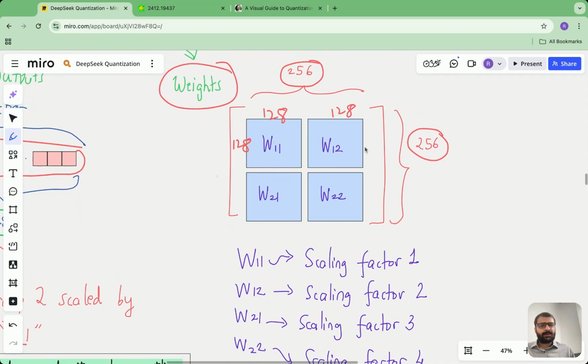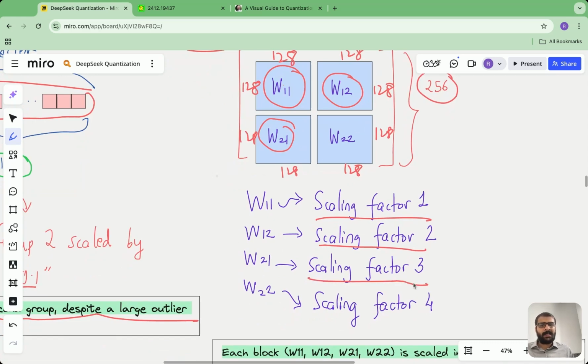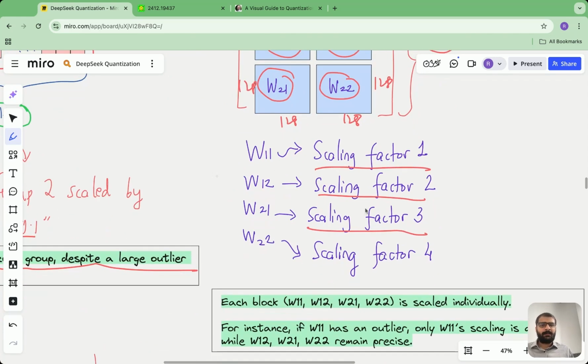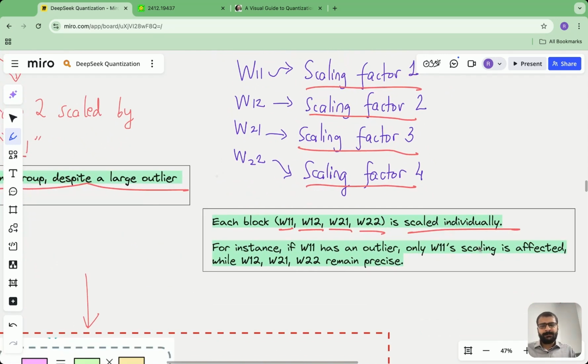So there will be four chunks of 128 by 128, and each of these chunks will have their separate scaling factors. The first chunk, W11, will have a separate scaling factor. The second chunk W12 will have a separate scaling factor. The third chunk W21 will have a separate scaling factor, and the fourth chunk W22 will have a separate scaling factor. So each block W11, W12, W21, W22 is scaled individually.